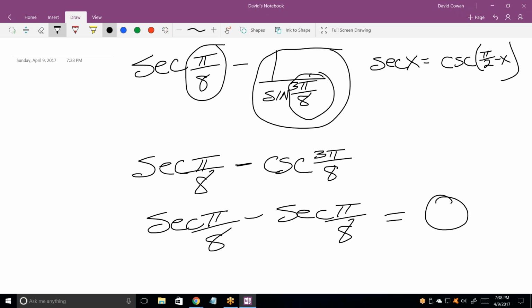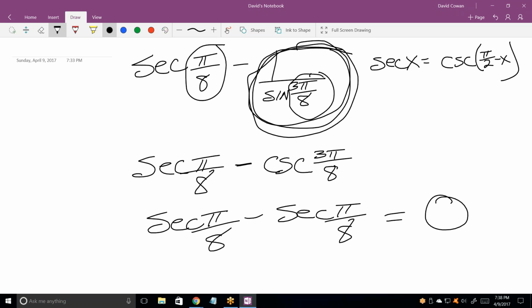Especially since the reciprocal of sine is cosecant, and the cofunction of cosecant is secant. So that's a good clue that I want to turn this into cosecant, and then use the cofunction properties of secant and cosecant.